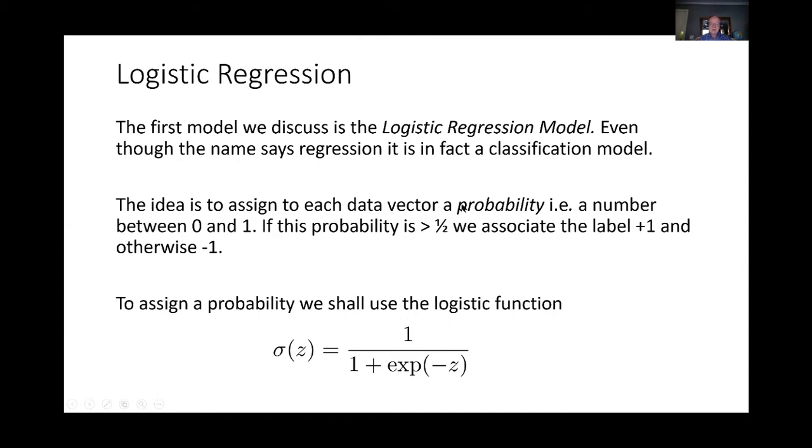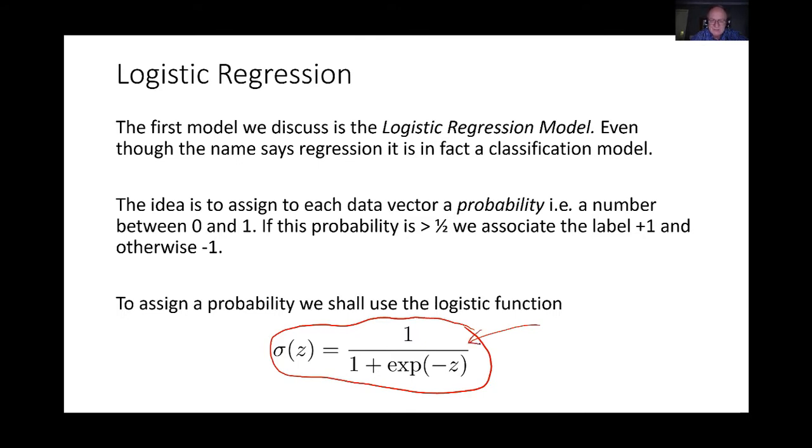In order to squish these y values into the interval between 0 and 1, we're going to use what's called the logistic function, and I have written it here. It takes a real number z and turns it into 1 divided by 1 plus the exponential function of -z. This is a number that's always between 0 and 1.